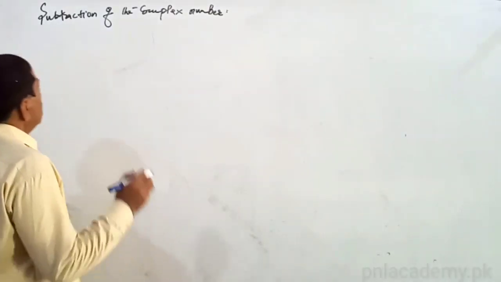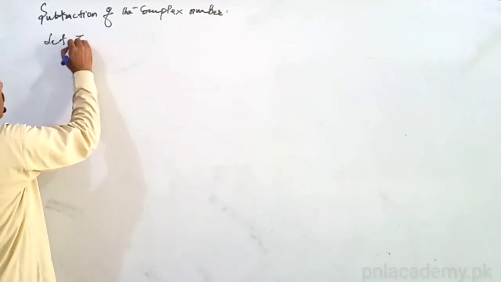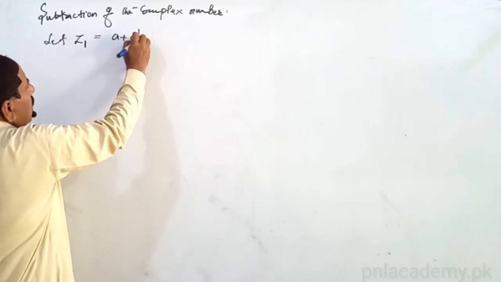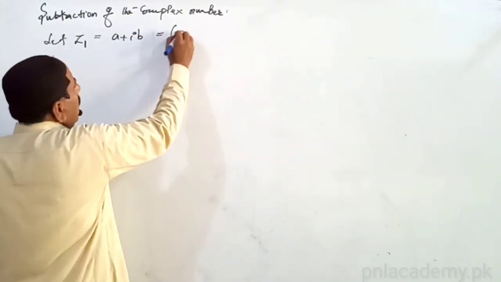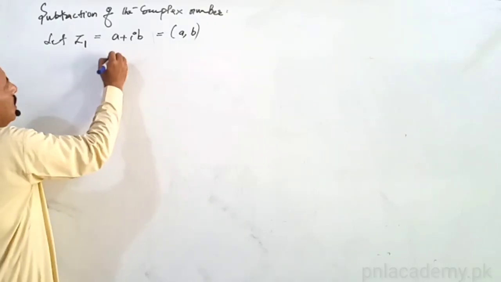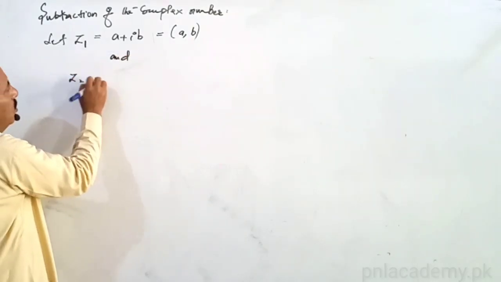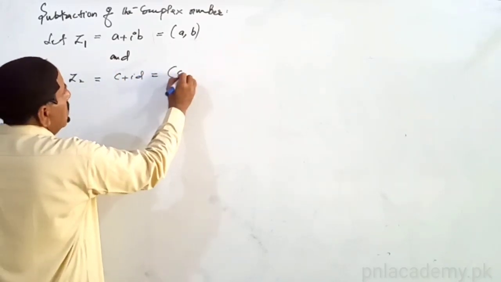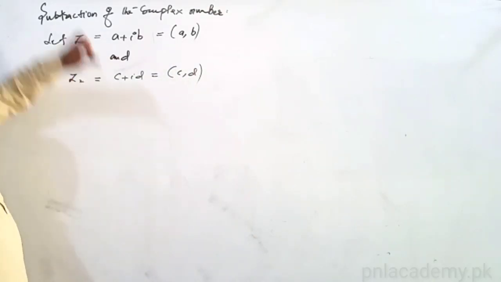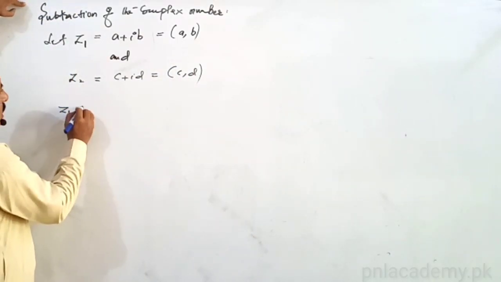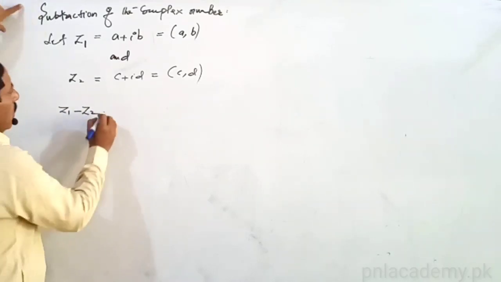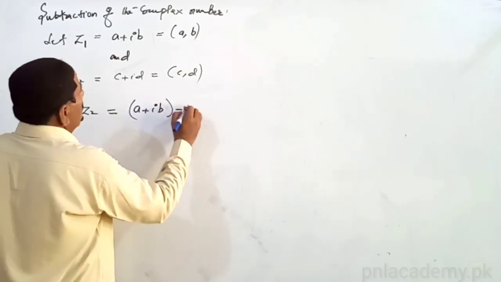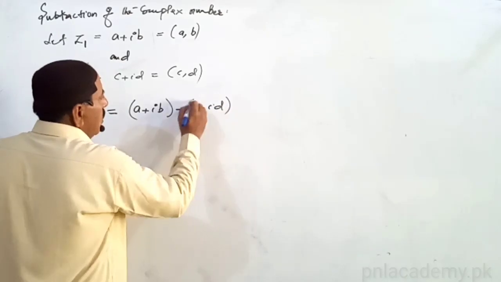Okay, let z1 be equal to a plus iota b, which is (a, b), and z2, the second complex number, c plus iota d, which is (c, d). Then subtraction means z1 minus z2 is equal to a plus iota b minus (c plus iota d).